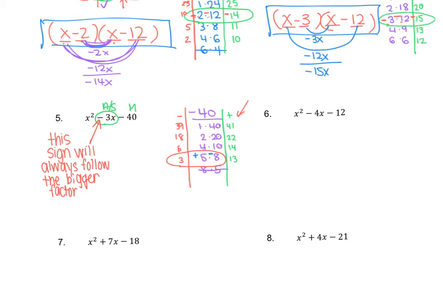Okay, so now I'm just going to come down here a little bit. When we have our 2 binomials, I still have my x and my x to get my x squared. To have my negative 40, I have this positive 5 and this negative 8. Positive 5 times negative 8 is negative 40.